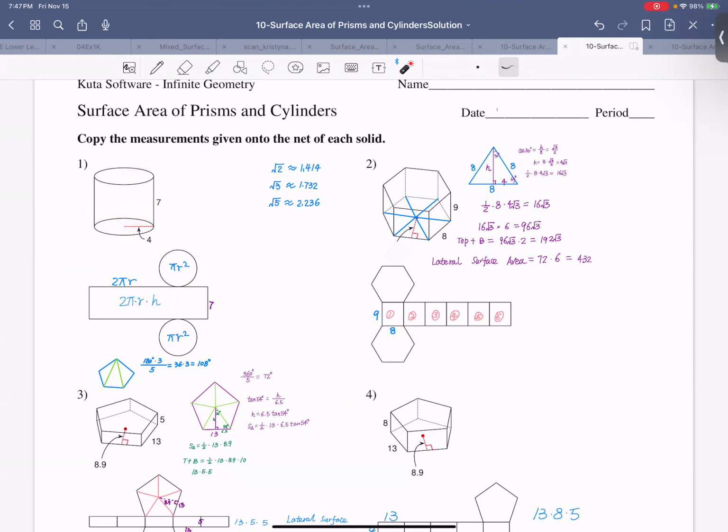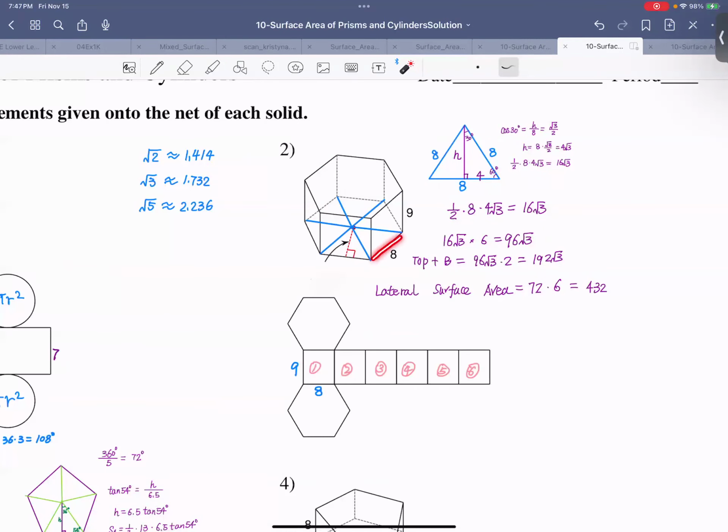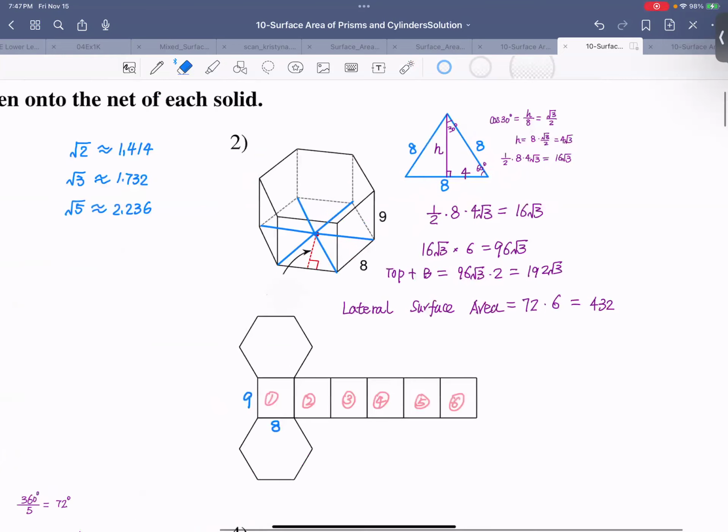Okay. And then number 2. Each side is 8. This is a hexagon. This regular hexagon is composed of 6 equilateral triangles. Each side is 8. Go ahead. Use the definition of trigonometry.